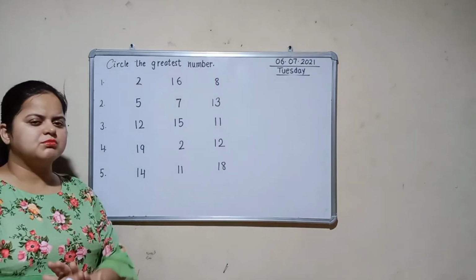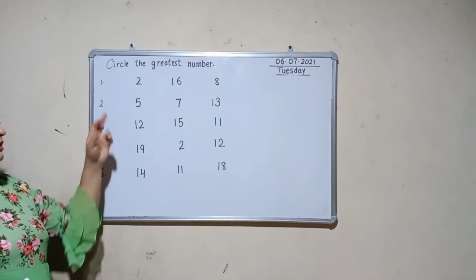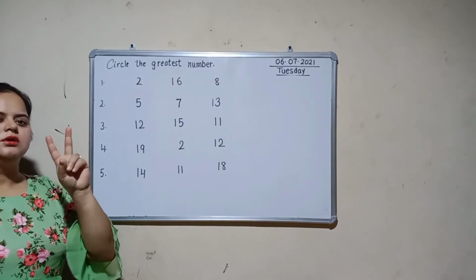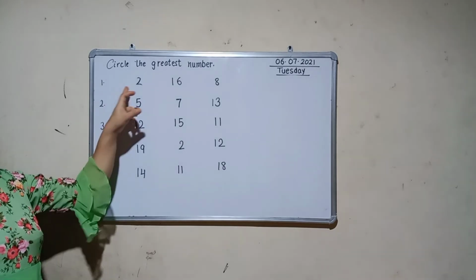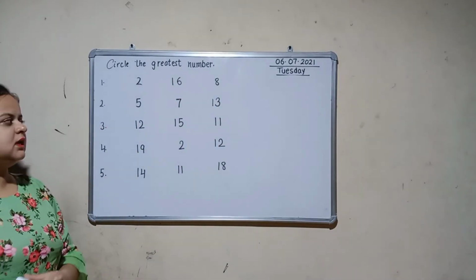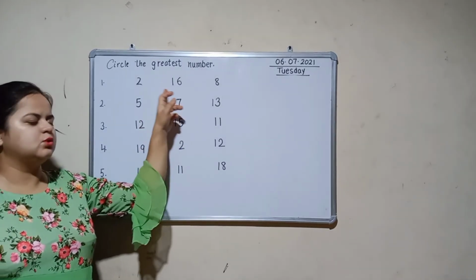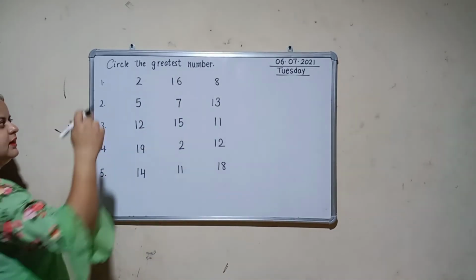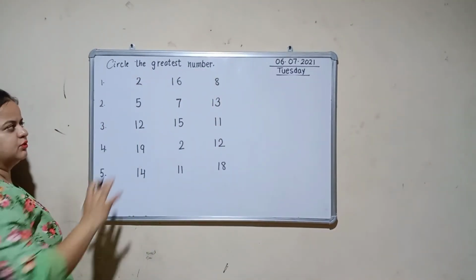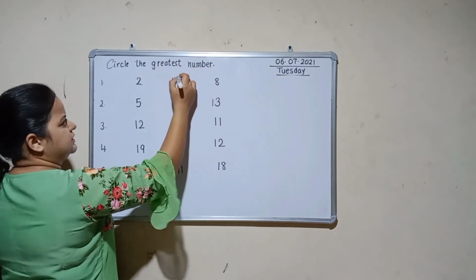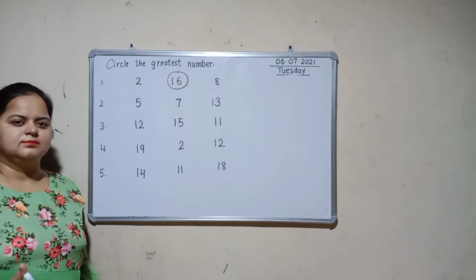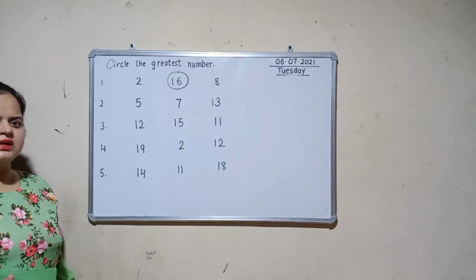So here we have two one digit numbers and one two digit number. 2, 8 and 16. From these three we have one two-digit number, and that is greater than these two. So from all these, 16 is the greatest, and we will make a circle around it. Make a circle quickly.